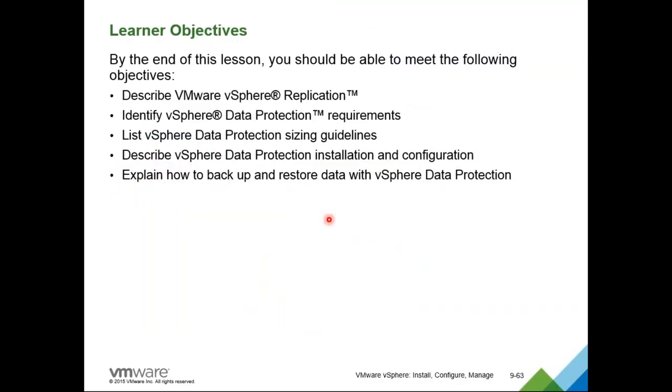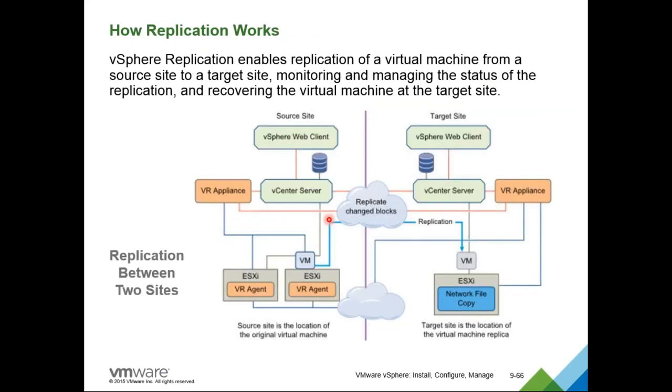Okay. Let me explain the differences or comparison between FT and vSphere replication. If I enable FT, what happens in this scenario? Can somebody explain? In this diagram, if I implement FT, what are the advantages?